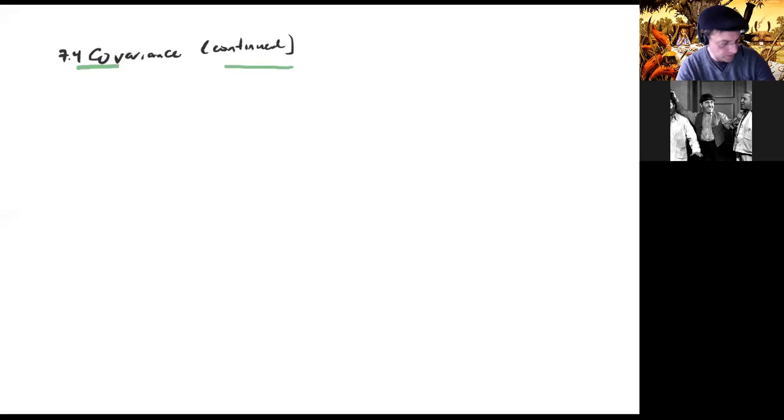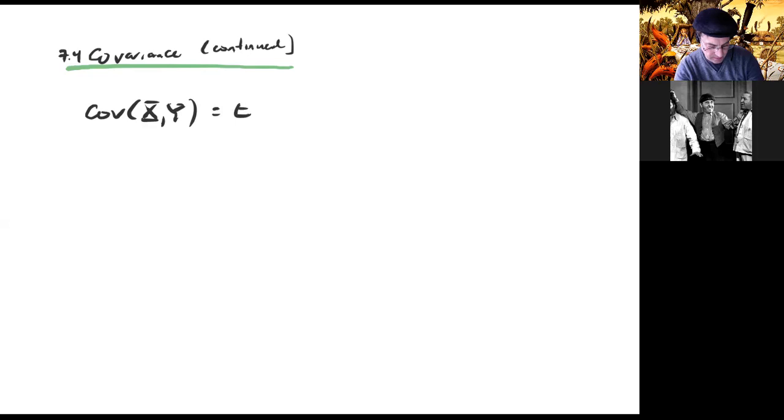So let's recall what little we did last time with covariance. We defined it in the following way. The covariance of a pair of random variables x and y is by definition the expected value of x times y minus the expected value of x times the expected value of y.